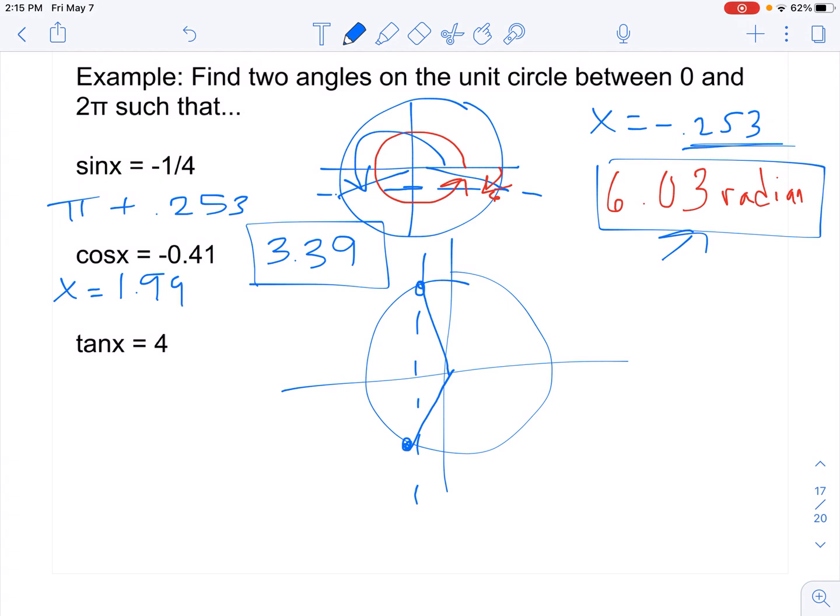So how am I going to find the angle in the third quadrant? It might be helpful to find the reference angle here. And we can find the reference angle by doing pi minus 1.99. And that will give us our reference angle.